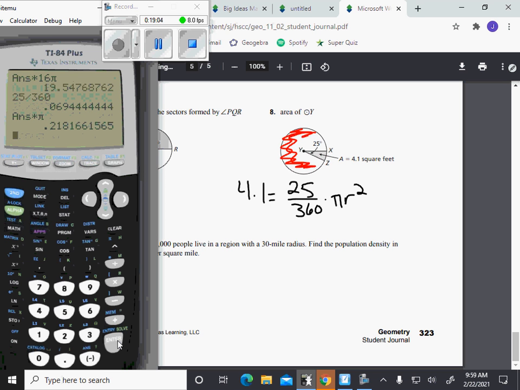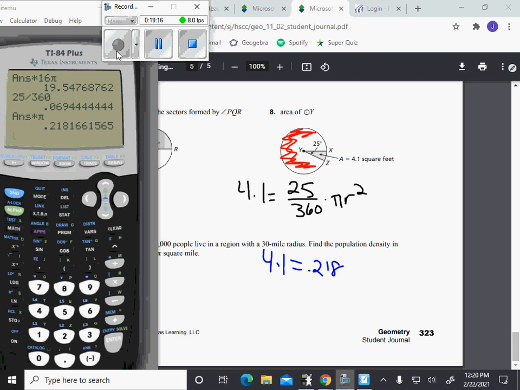So right now, I'm in blue. I'm going to write it down here. 4.1 is equal to 0.218 times r squared. Okay, now we have to solve for r. How do we do that? Well, first we have to divide by 0.218 on both sides. 4.1 divided by 0.218.